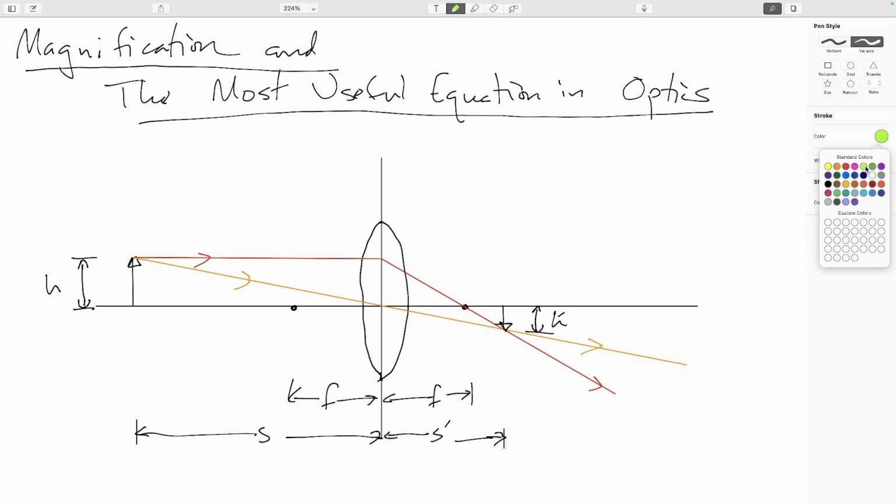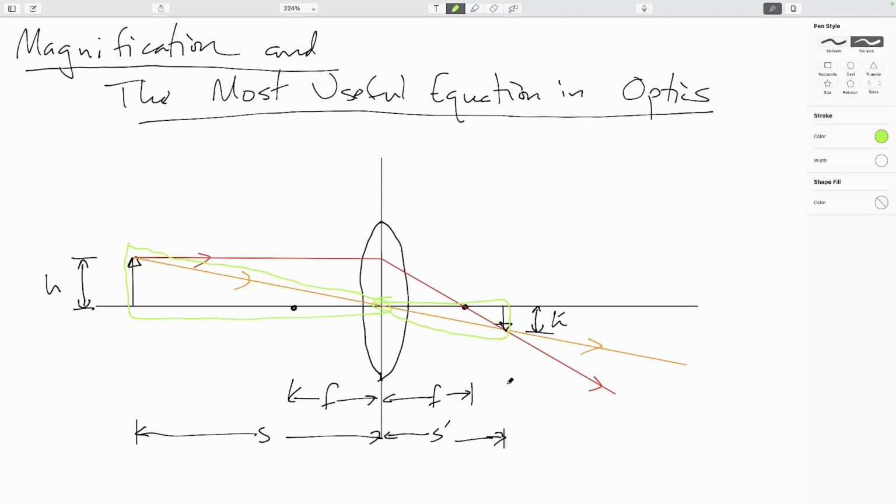Specifically, we can look at this pair of triangles right here that I'm outlining in sort of a bright green. This triangle and that triangle. So it includes my object, the central ray, the optical axis, the image.